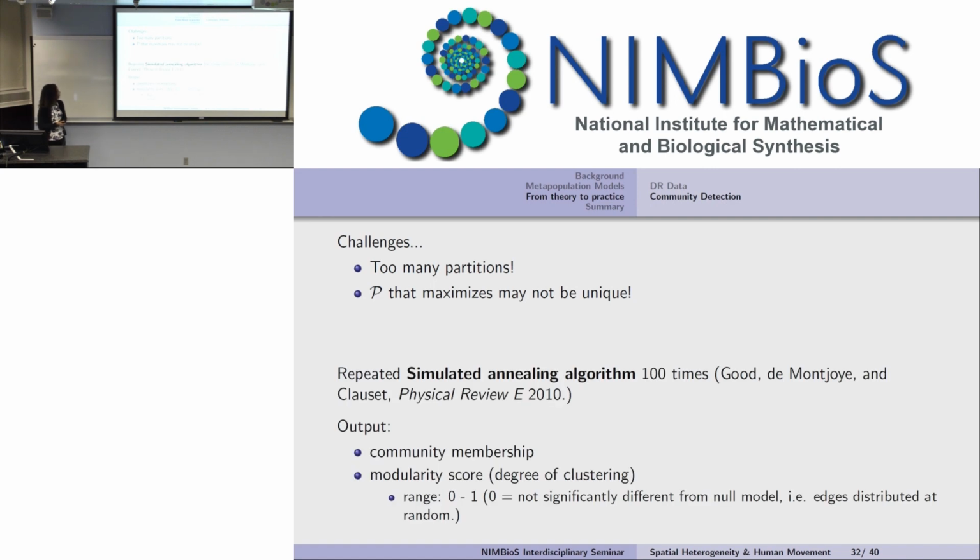So we used a simulated annealing algorithm, and to get around this second point, that there might be multiple partitions that give you essentially the same modularity score, we repeated this modularity optimization 100 times. The output of each of these 100 simulations is a partition, which gives us community membership of each of the towers in our data set, and a modularity score for that particular partition. This is going to be a number between 0 and 1, where 0 means that it's not significantly different from the null model.